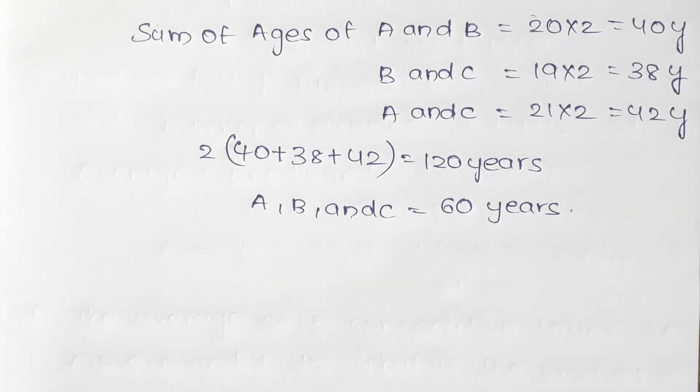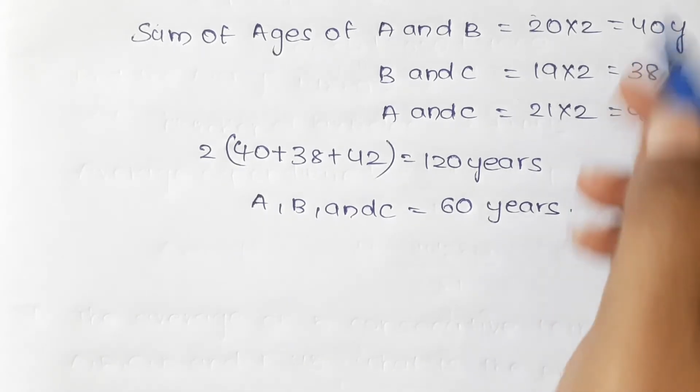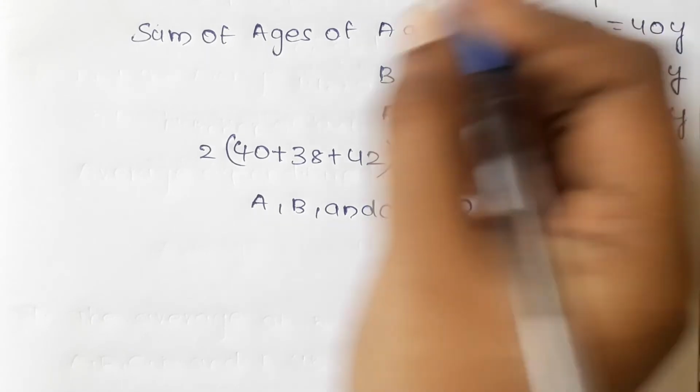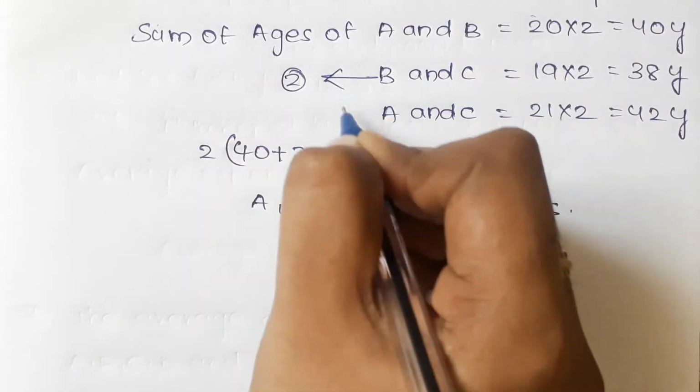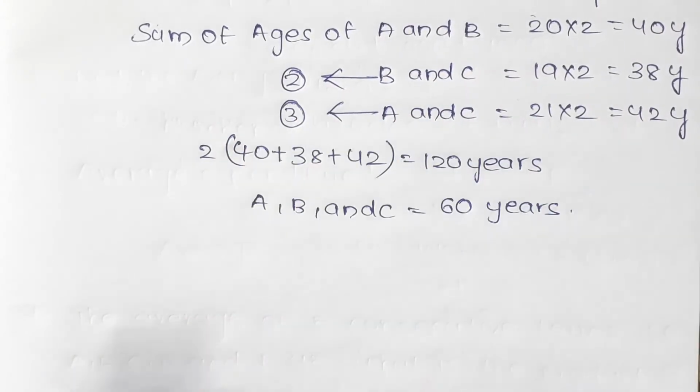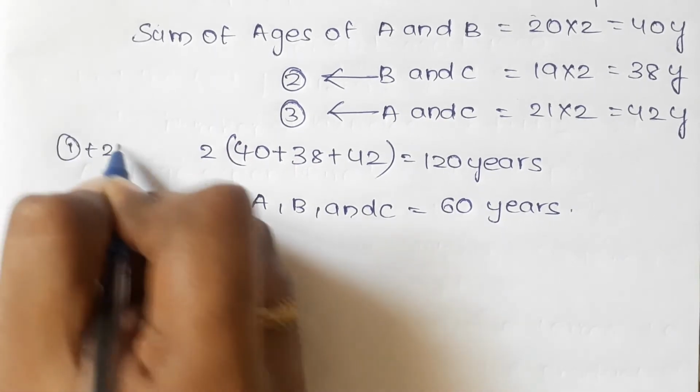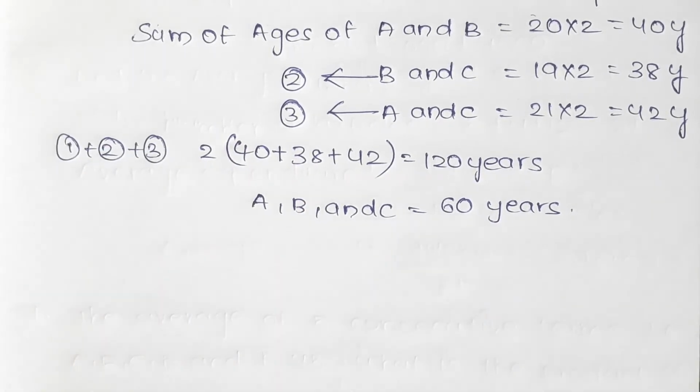Let us treat these as equations 1, 2 and 3, and by adding those three equations we get the sum of the ages of A, B and C.